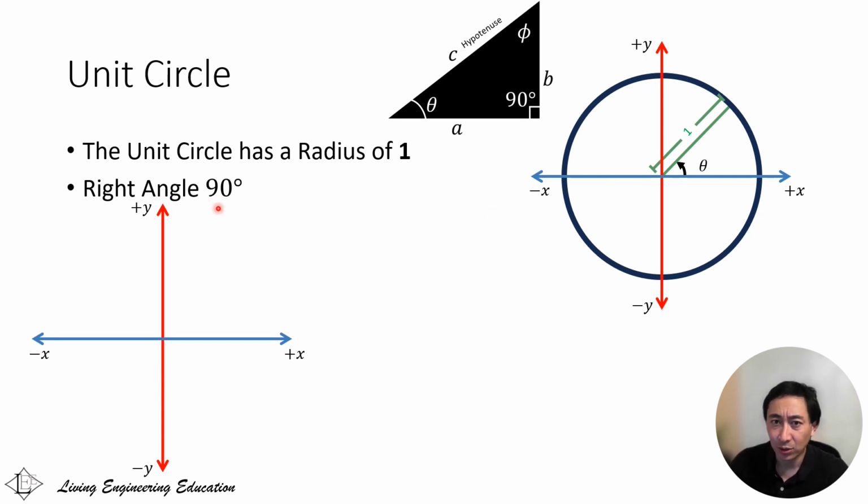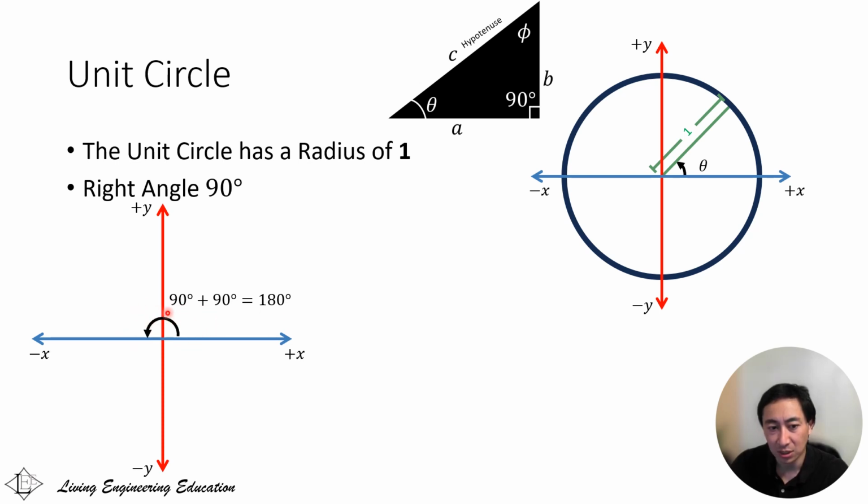So a 90-degree angle is a useful one to walk all the way across from your positive x-axis. Like I said, here we have 90 degrees. If I go from the positive x-axis to the positive y-axis, that's 90 degrees. If I go from the positive x-axis all the way to the negative x-axis, I get 90 degrees from this first quadrant to this next quadrant over here. It'll be another 90 degrees.